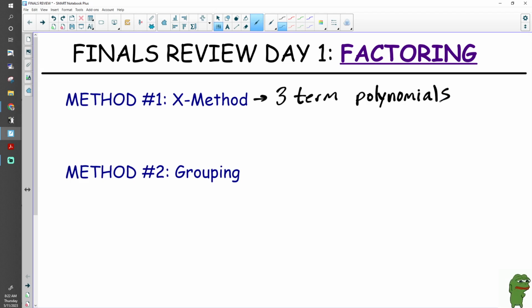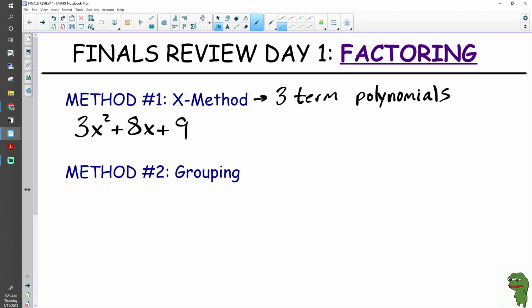For example, if we had like 3x squared plus 8x plus 9, this has 1, 2, 3 terms. That means you would be using the X method. So X method is used for 3-term polynomials when there are 1, 2, 3 things.